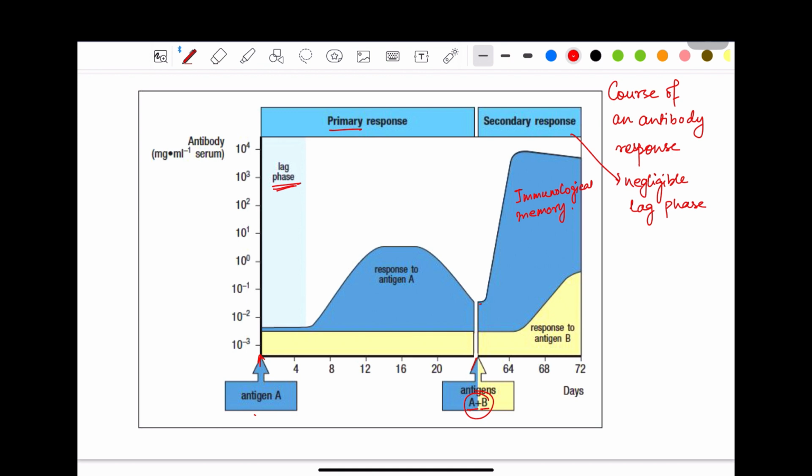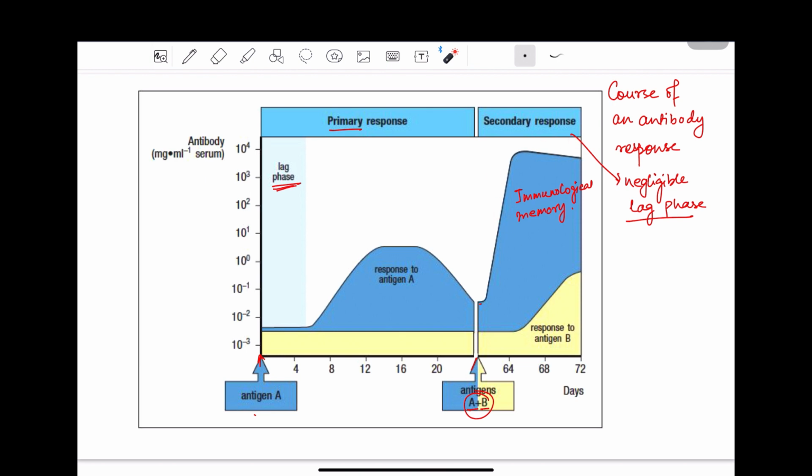So now those memory cells which were generated in the first response or the primary response, they will now be activated very quickly. So that is why there is a negligible lag phase. So they are now activated very quickly. As you can see, a rapid increase in the antibody level, and a large number of antibodies are also produced to deal with the antigen very quickly. So that is because of the immunological memory.